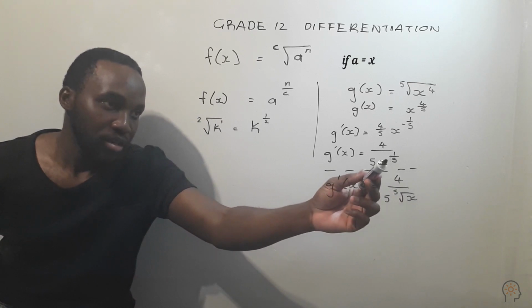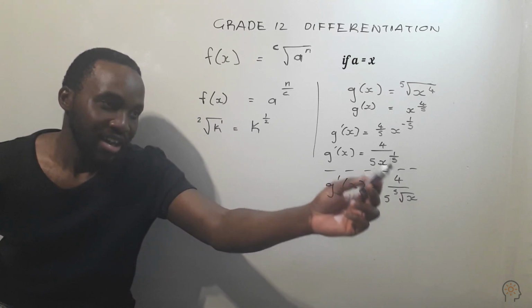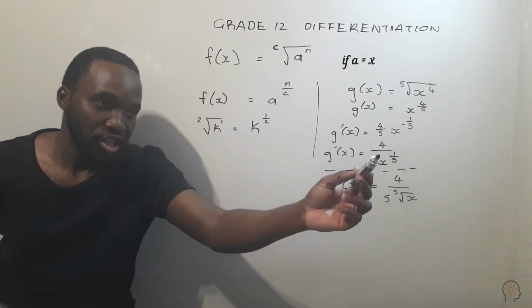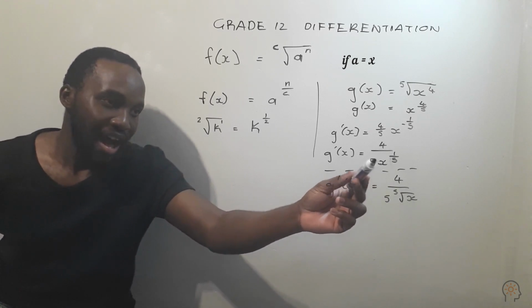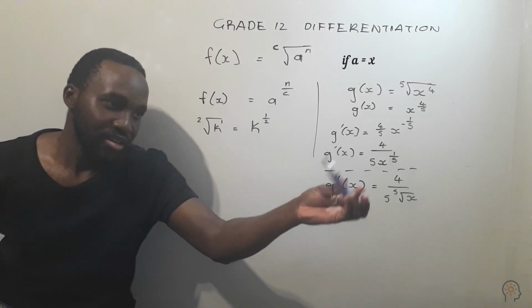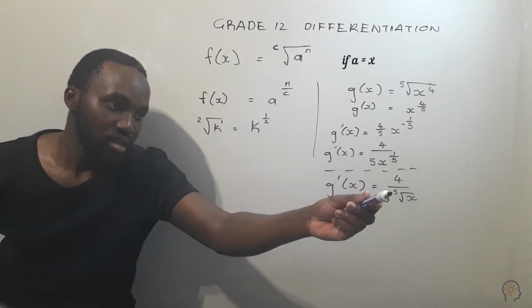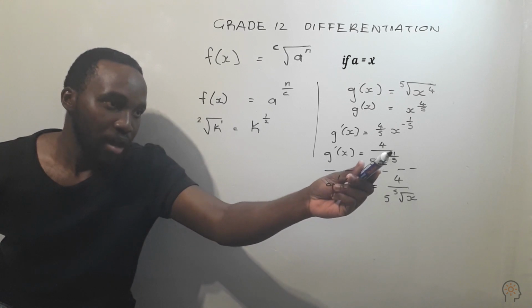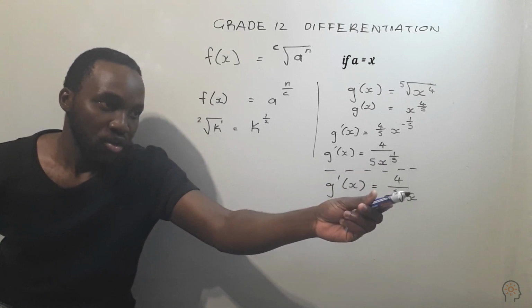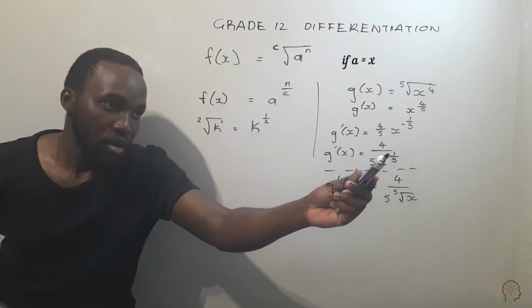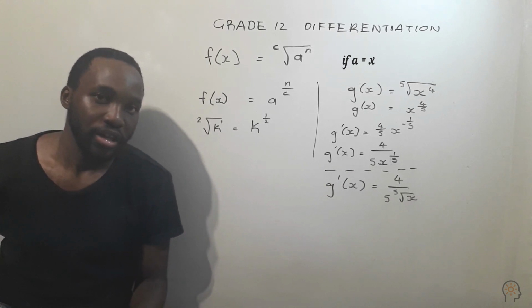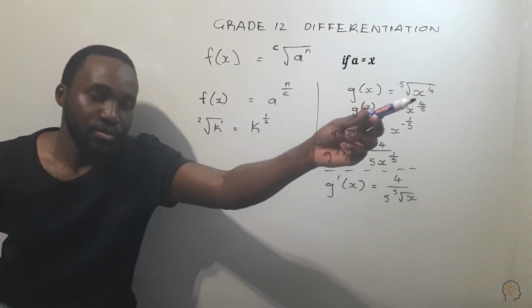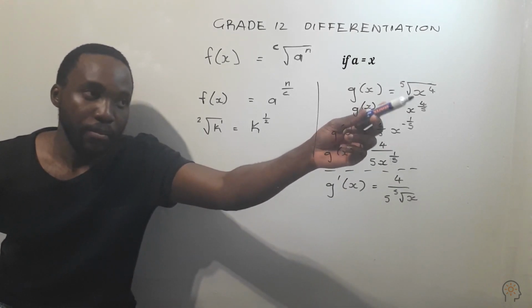So these two are basically interchangeable, in the sense that the 5 here goes out, this 5 here is this 5 there, and then the 1 up there is just the 1 which is the exponent of x. So all they did was the 5 went out, the 1 went where x is, and then they have your square root symbol again. So it's just a matter of reversing the process we did in the beginning there.